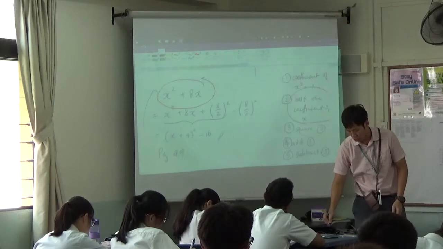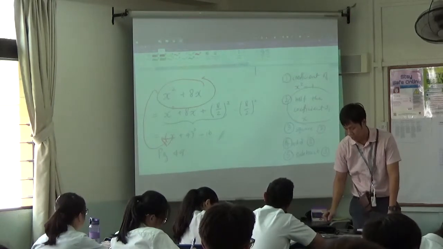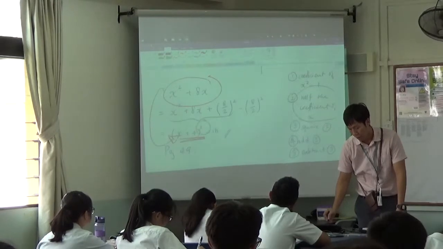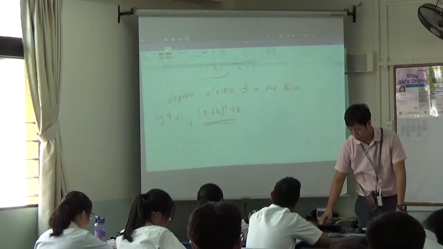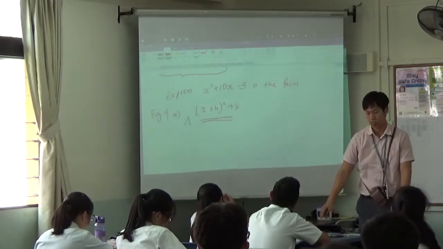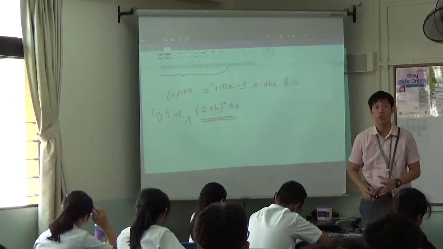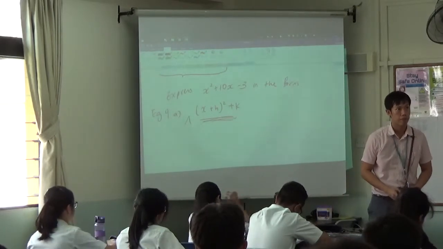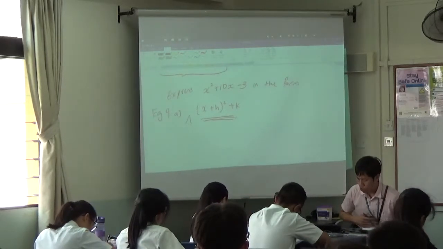I changed this into this form. Do you see that x squared plus 8x is actually the same as x plus 4 squared minus a constant over here? This is the form x plus h squared plus k. Okay? When you see the question like this, they are trying to get you to complete the square. Alright? So completing a square. Let's just do it.